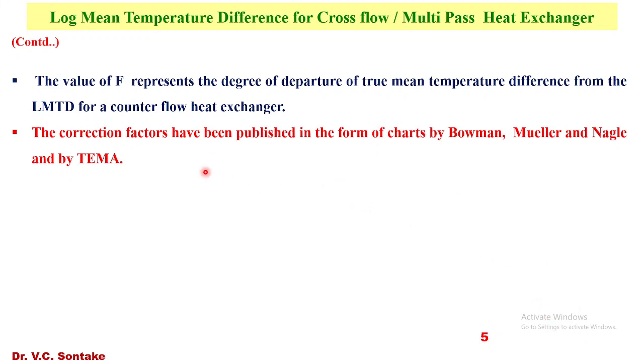Now the correction factor for cross flow or multipass heat exchangers have been published in the form of charts by Bowman, Mueller and Nagle and by TEMA. The long form of TEMA is Tubular Exchanger Manufacturers Association.